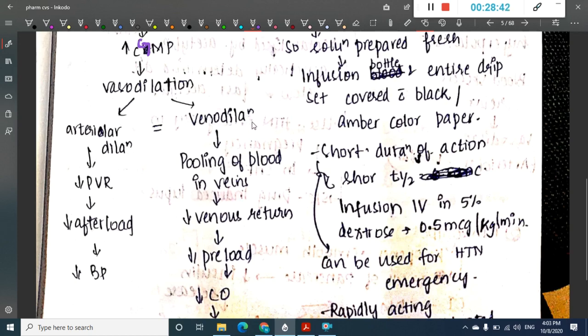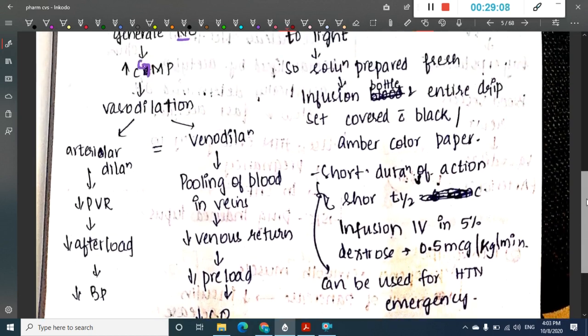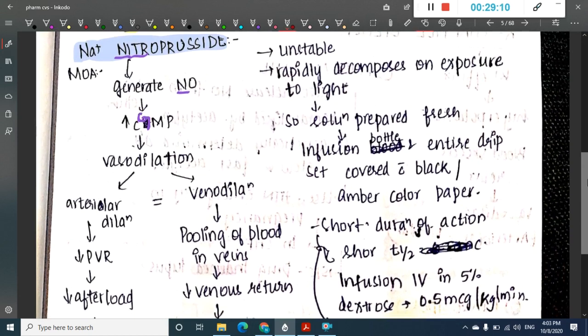Whereas if it's venodilatation, whenever the veins in the lower limbs are dilated, all the blood gets pooled up in the lower limbs, and as a result decreased venous return reaches the heart, and thus there is decreased preload. Whenever there is decreased preload, obviously there will be decreased cardiac output. Because of decreased cardiac output, there will be decreased BP. So in this way, sodium nitroprusside is helpful in decreasing BP.